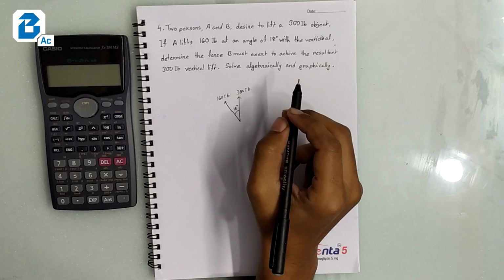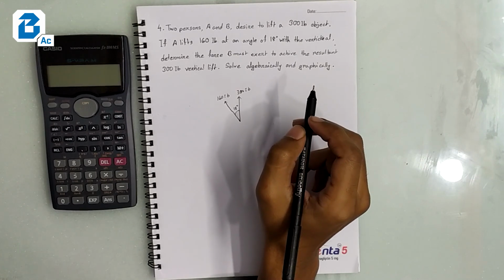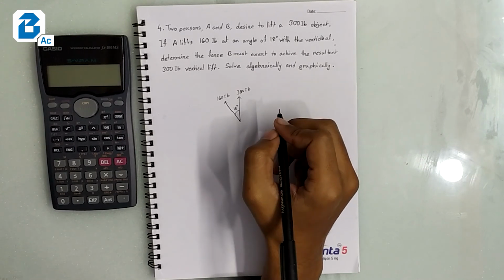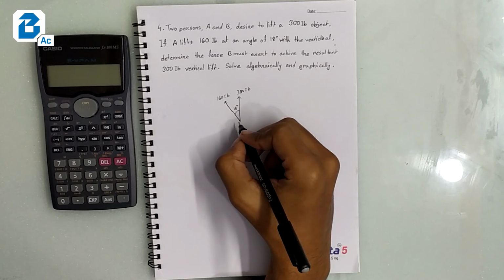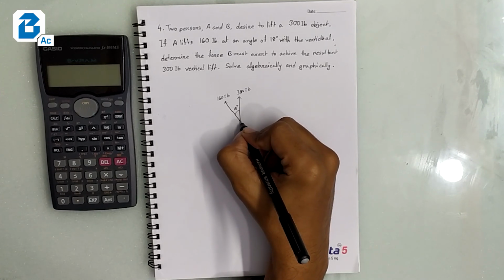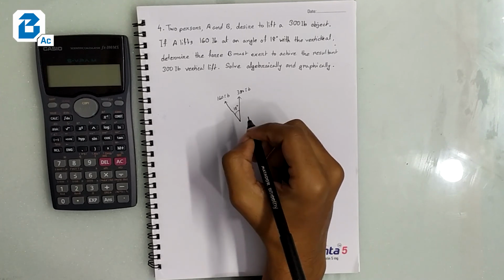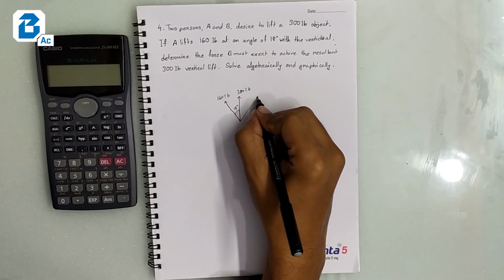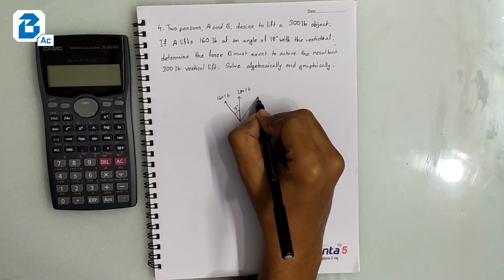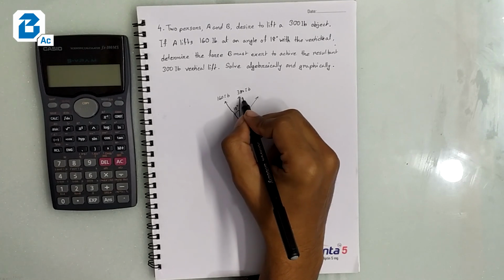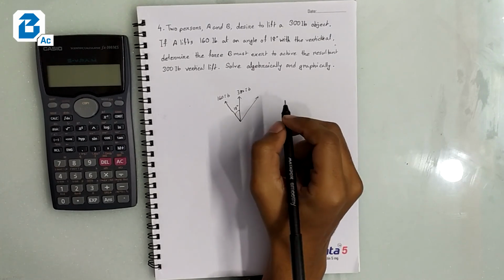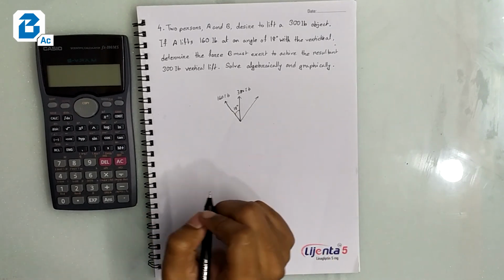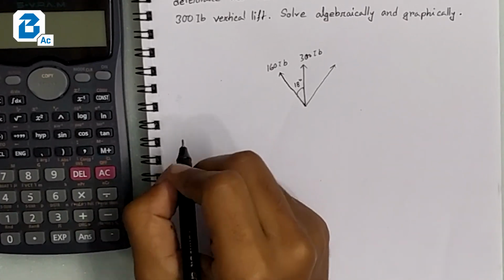The problem says that we need to find the amount of force exerted by person B. So the second person, which is B, needs to be somewhere along this line, from which he will be pulling the weight. Okay. So to do that, let's assume it.